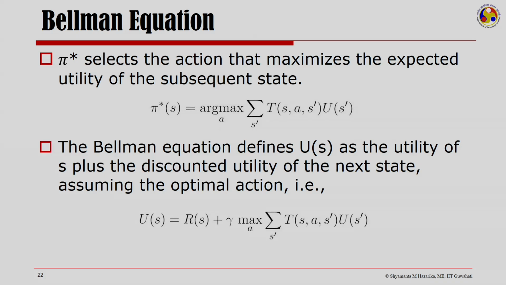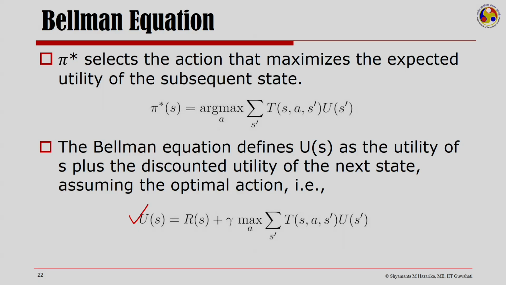So, pi star selects the action that maximizes the expected utility of the subsequent state, and the Bellman equation defines the utility at a given state as the reward of S plus the discounted utility of the next state, assuming the optimal action.